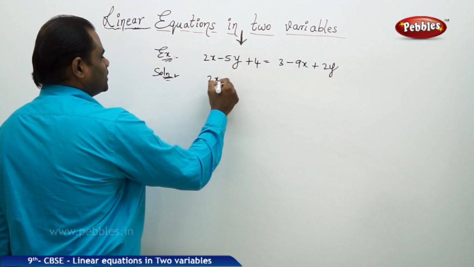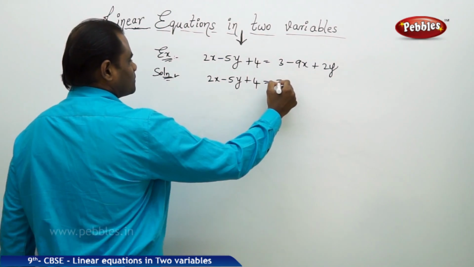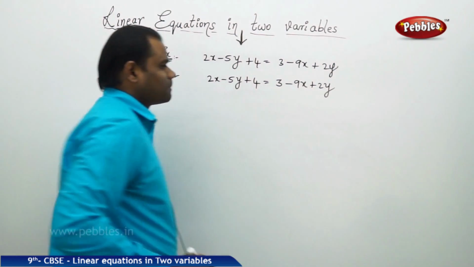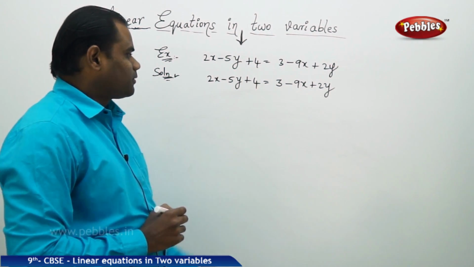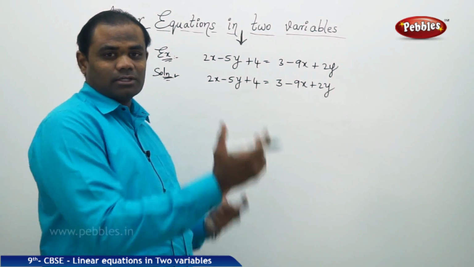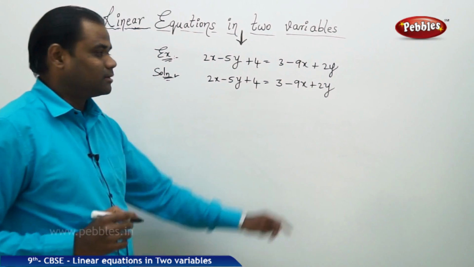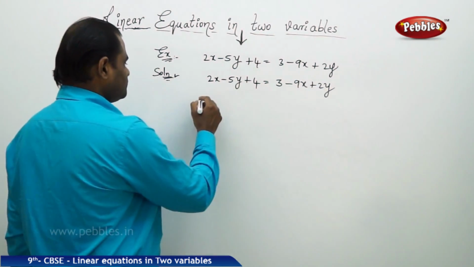The given problem is 2x minus 5y plus 4 equals 3 minus 9x plus 2y. Let me try to simplify this by taking all the terms to the left. This can be further simplified by taking each of the terms on the right hand side to the left hand side.